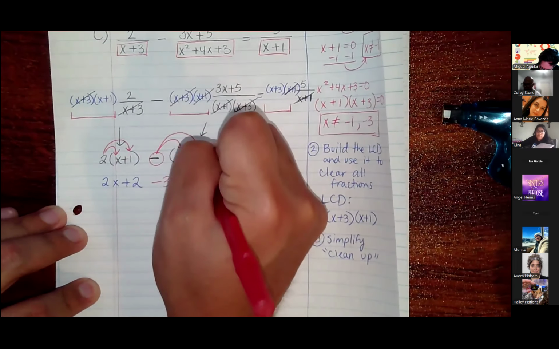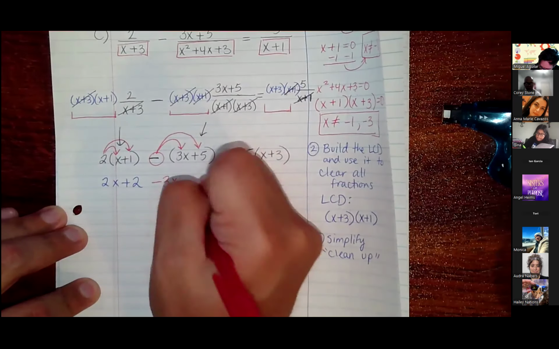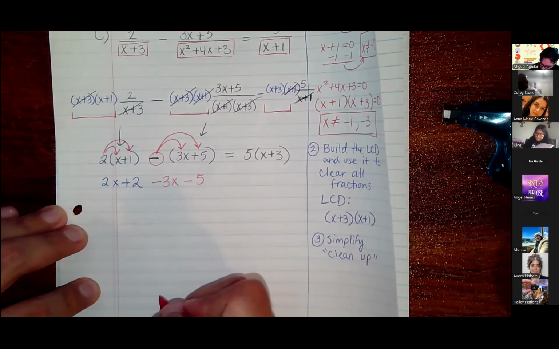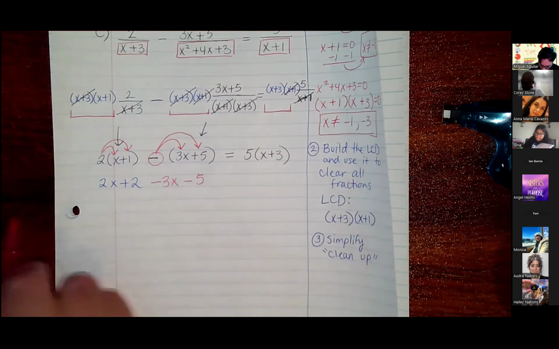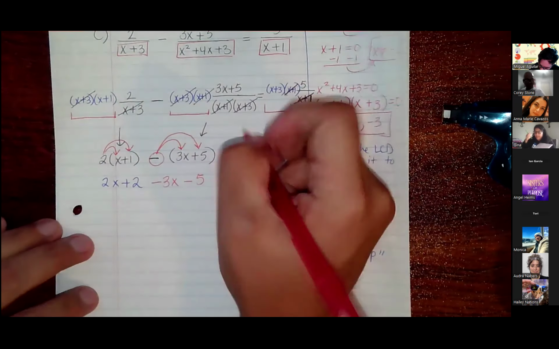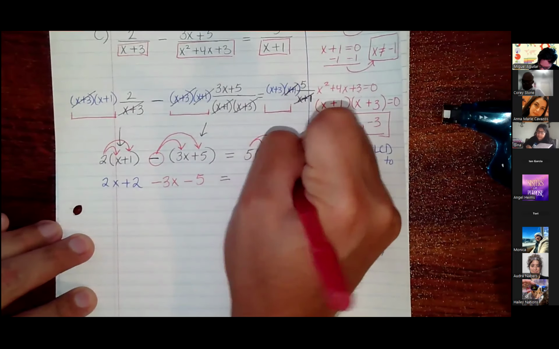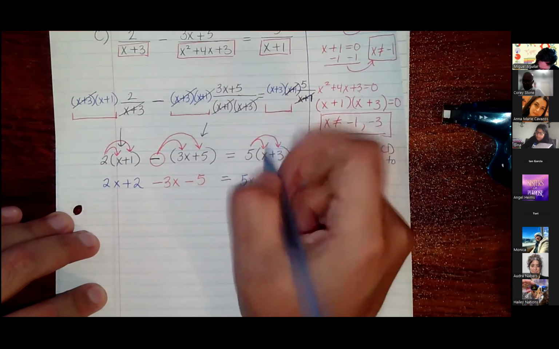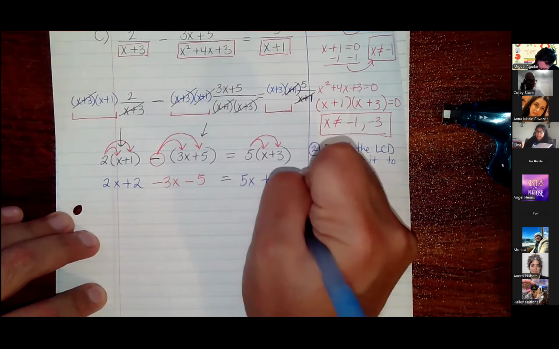And then a negative times a positive 5, that's going to give me a negative 5. Equals 5 times x and 5 times 3. That's going to give us 5x plus 15.